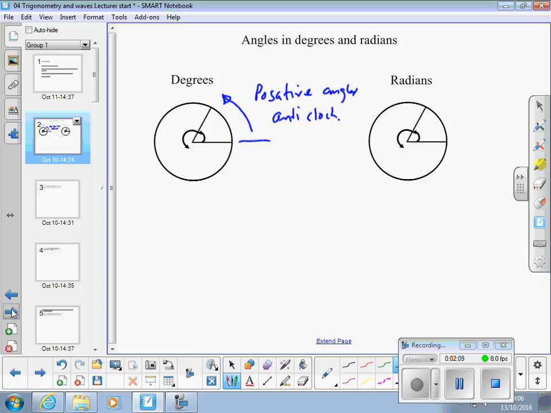And that's true whether we're in degrees or radians, but we talk about positive angles around the circle, and there's 360 degrees in a full circle. There's 2 pi radians in a full circle.